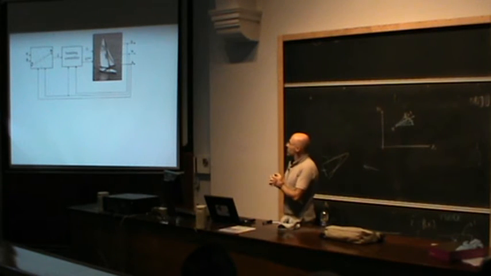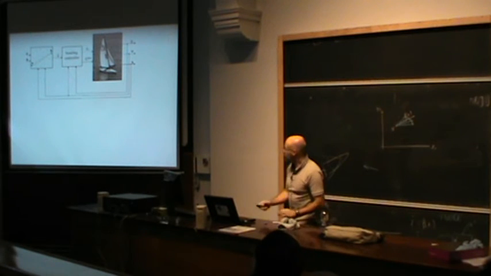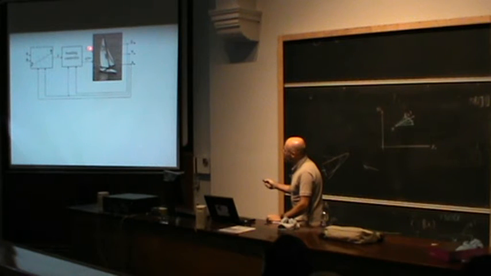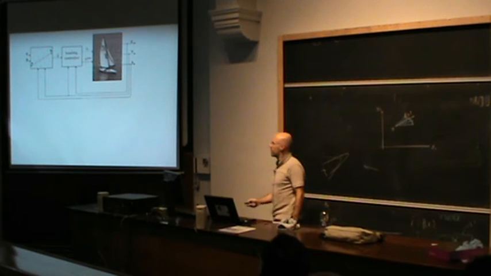Now we'll have a different kind of controller. The controller will have a low-level controller that will tune the rudder and the sail with respect to the heading that we want, theta bar.